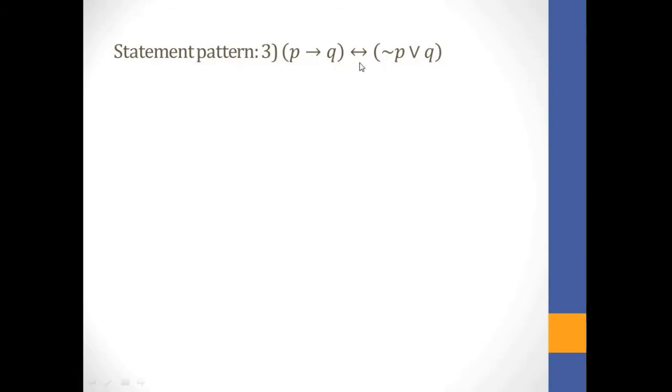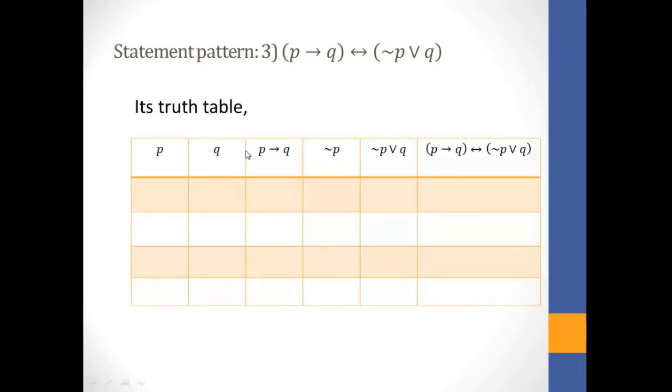So 4 connectives and 2 statements, so 4 plus 2 means 6 columns. The truth table has 6 columns like this: P, Q as usual, then P implies Q, then negation P, then negation P or Q, and the last one for this statement pattern.